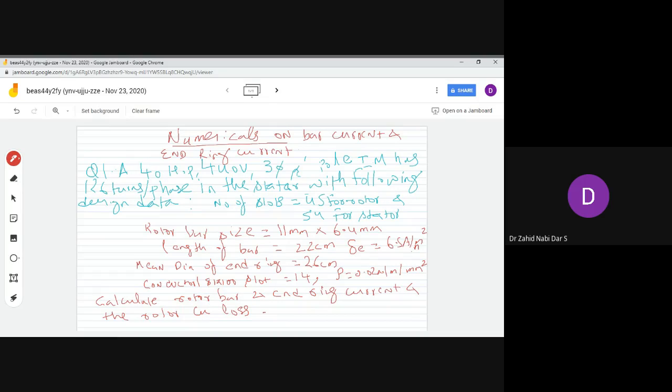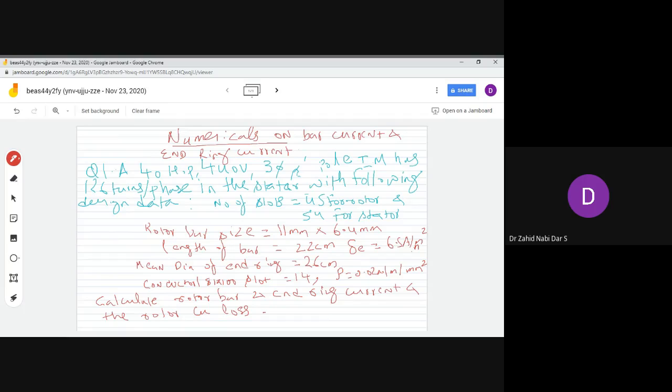Number of poles is equal to 6, and slots in the rotor are 45, whereas slots in the stator are 54. Turns in the stator is equal to 126. Then the cross sectional area is given, 11 mm into 6.4 mm. Your mean length of the bar is also given, that is 22 centimeter.